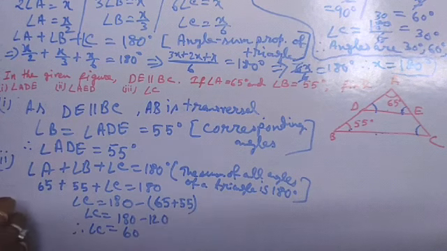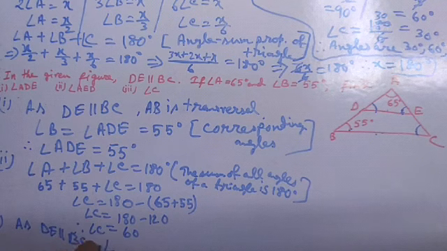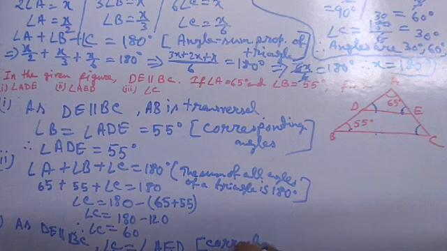Now number 2. As DE parallel BC, angle C equal to angle AED, that is corresponding angles, equal to 60 degree. Here the transversal is AC.